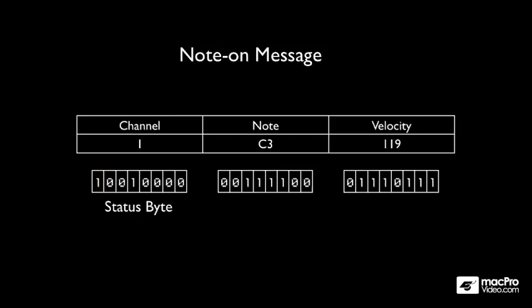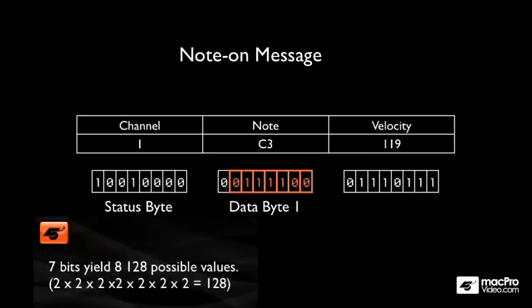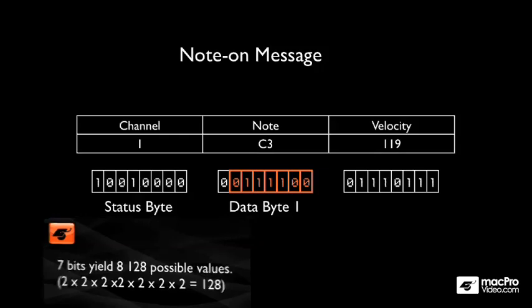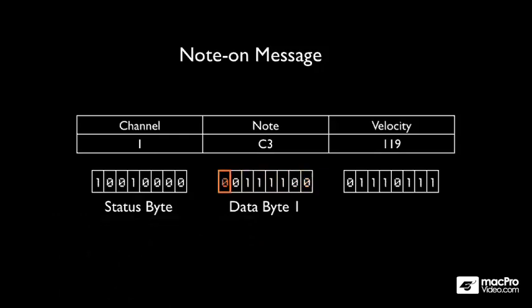This next byte is the first data byte, and its job in a note on message is to indicate which note is to be played, and it uses these 7 bits here to specify that. So in this case, the note to be played is note 60, or C3, and this last bit here is always set to 0, indicating that this is a data byte as opposed to a status byte.